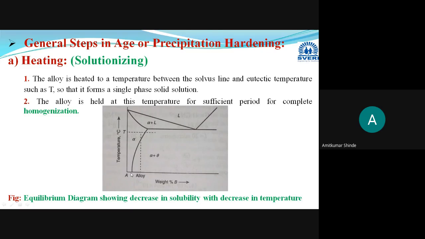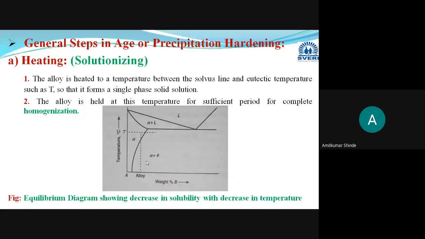The amount will decrease as temperature decreases, or in other words, as temperature is increasing, solubility should also increase. If this condition is satisfied by that particular alloy, then it may show the age hardening phenomenon.